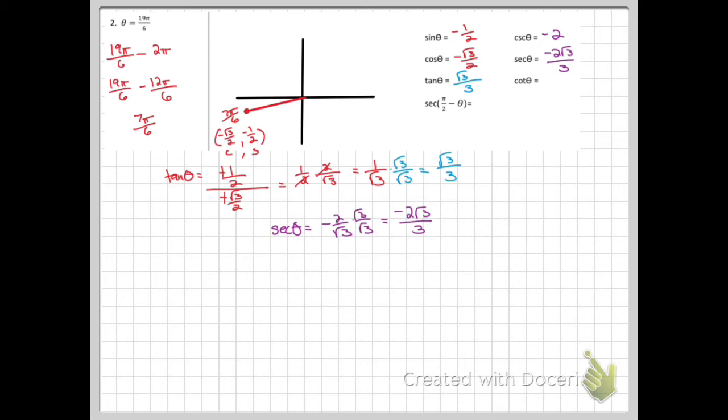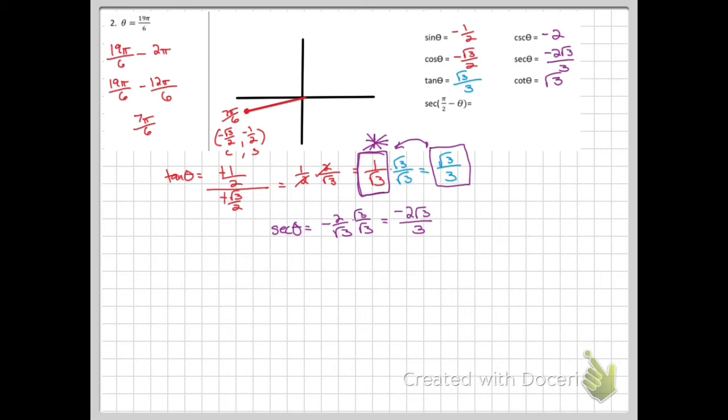Cotangent, I could flip it over, but remember when it was 1 over root 3? That is the same thing as root 3 over 3. We made these equal. This is an equation all the way across. But this one is easier to flip over. If I flip that over, I just get root 3. If you did the work with 3 over root 3, rationalizing it, you would end up simplifying it down to root 3 as well.